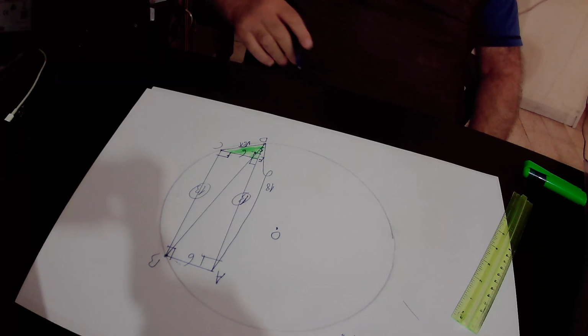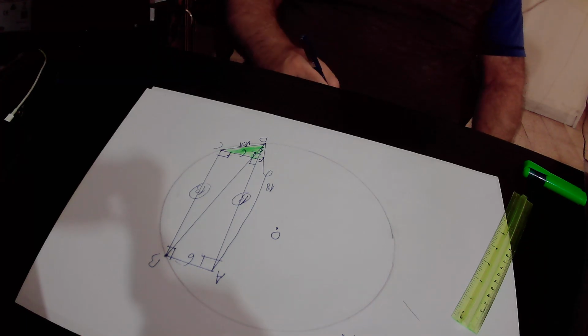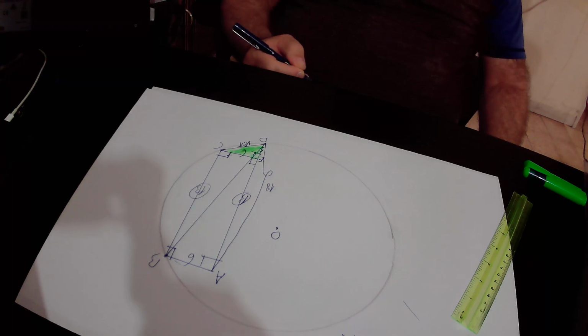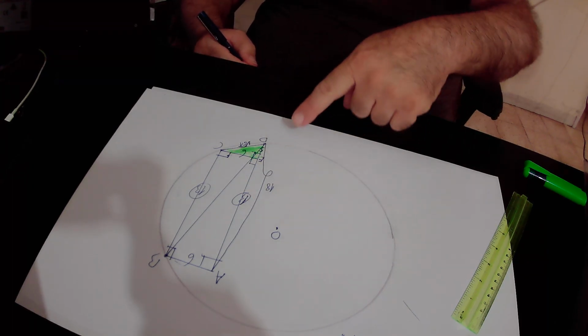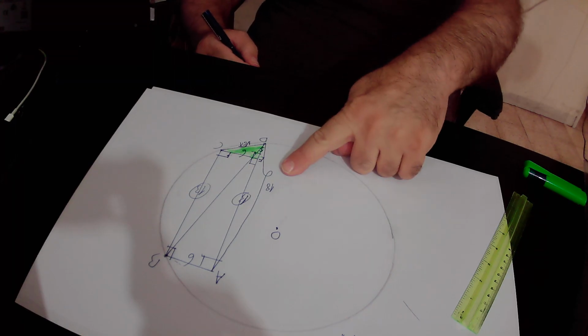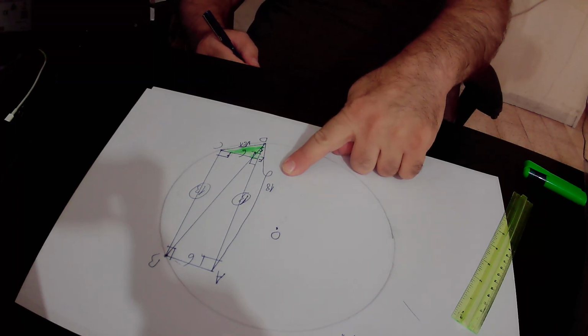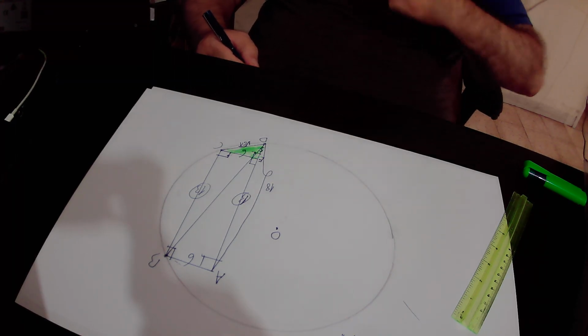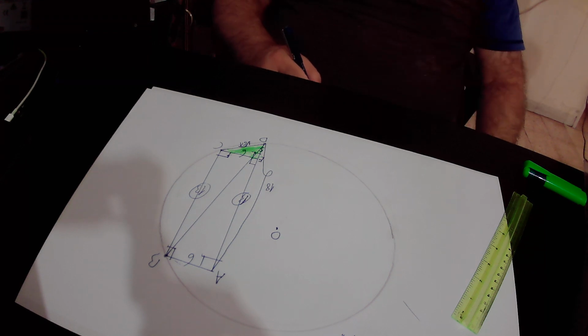AB equals 6 units, therefore AB squared equals 6 squared, that is 36, plus AD squared. It is given in the question that AD equals 18 units, therefore AD squared equals 18 squared, that is 324.